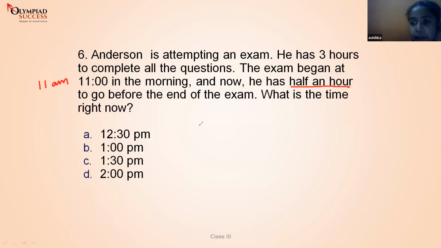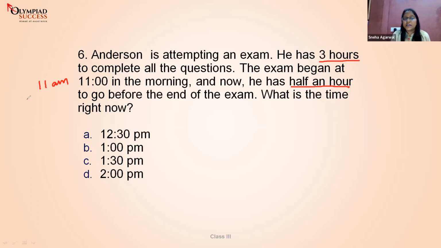Because 11 plus 3 equals 14, but in the 12-hour clock, we got 2 p.m. He has 30 minutes left, so 2 p.m. minus 30 minutes equals 1:30 p.m. Yes, absolutely correct.